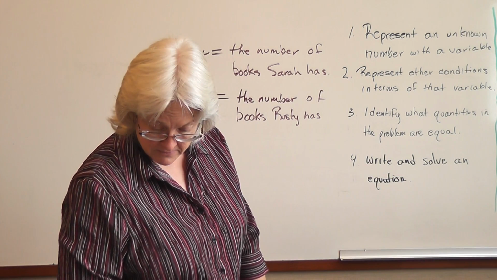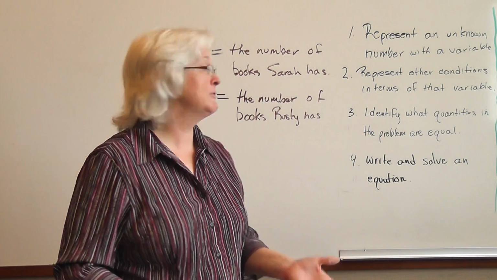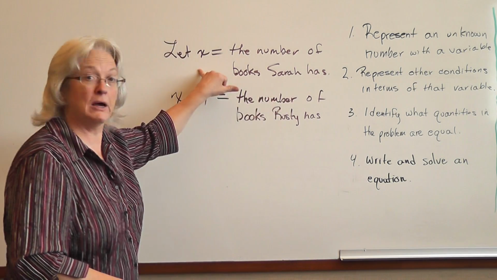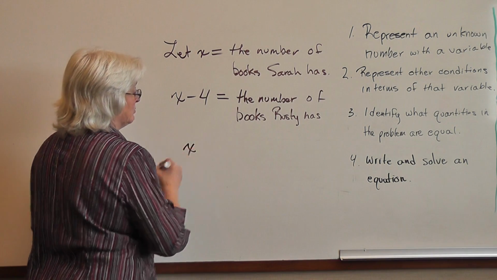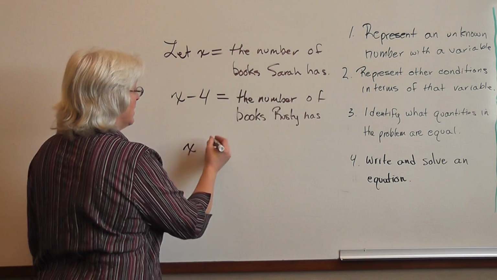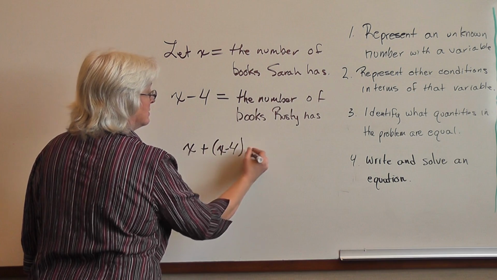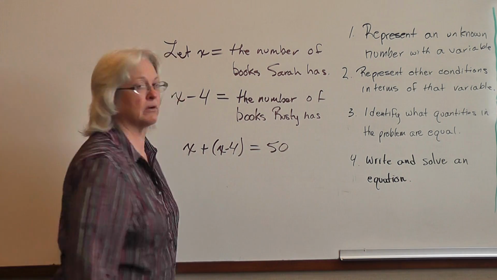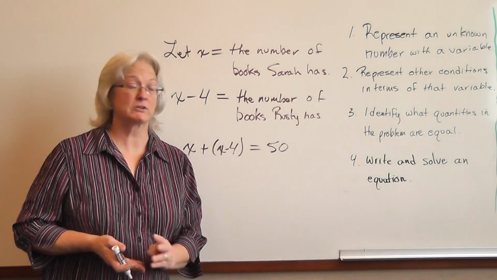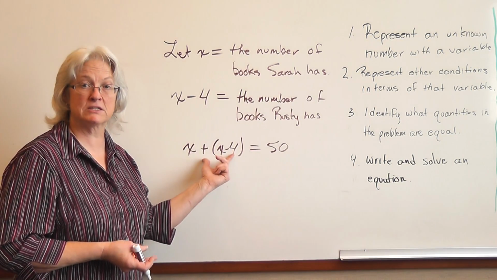So let's see. It says, together they have 50 books. The number of books that Sarah has, which we don't know, but we know it's represented by X, plus the number of books that Rusty has. You add those 2 quantities together, and together they have 50 books. Why did I put X minus 4 in parentheses?